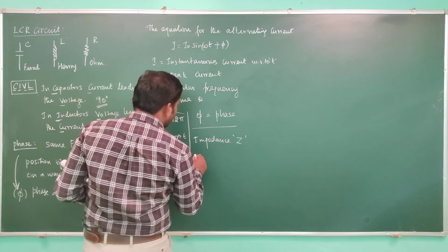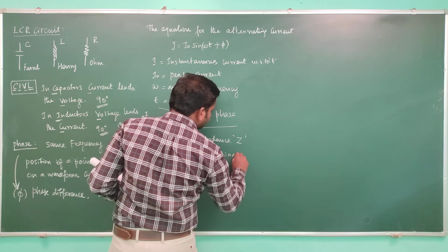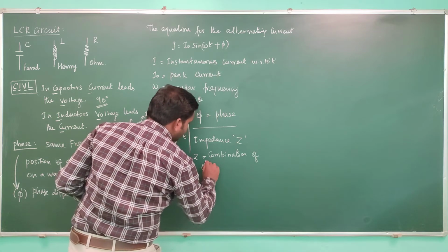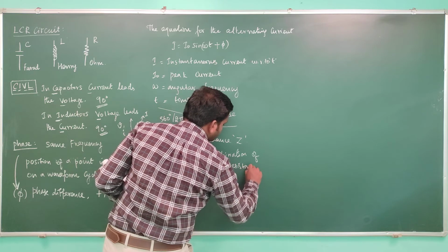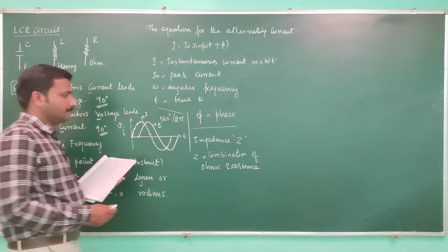Actually, impedance Z is the combination of ohmic resistance and reactance.